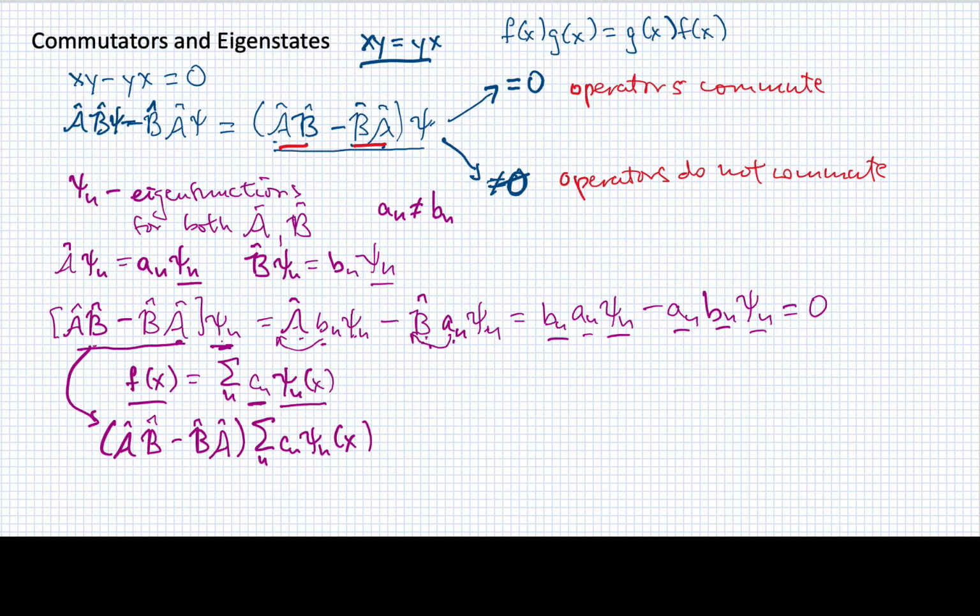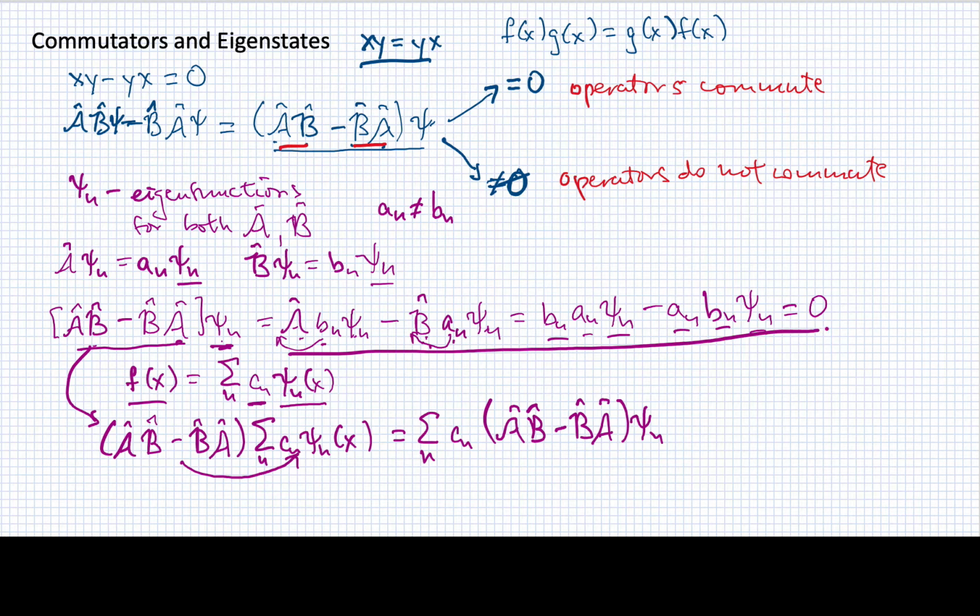It turns out I can insert this operation in the middle for each one of these terms. So I'll have a sum of terms where I've got A B minus B A operating on this eigenfunction psi n. But I've already shown that that's going to give me 0. So for each and every one of these terms, I've got something that equals 0.